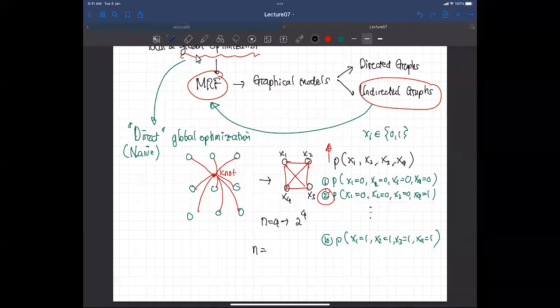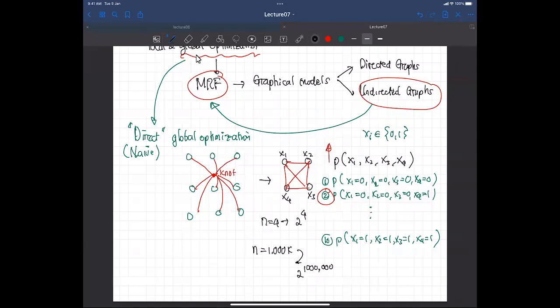So you can imagine that if n equals 1 million, the combinations you have to compute are 2 to the power of 1 million. That's the situation we have here. It can take forever to compute this, and that's why naive global optimization is practically not possible.